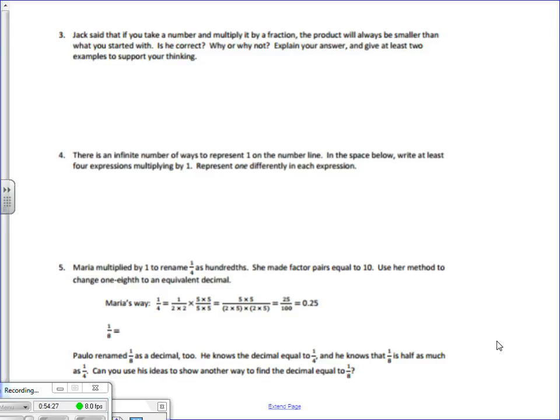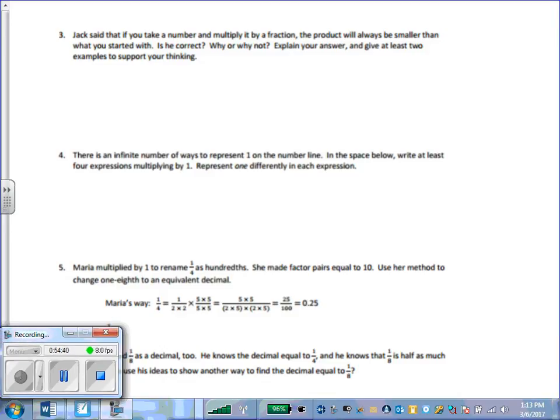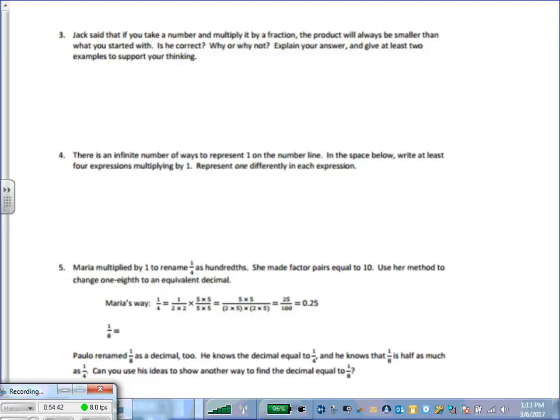Okay? So he's saying that every time I multiply a fraction by a fraction, it's going to get smaller. What he's saying is every single time, always, never fail, every time you multiply a fraction by a fraction, your answer is going to be a smaller fraction. And you guys are saying no, and I agree with you that he's wrong.